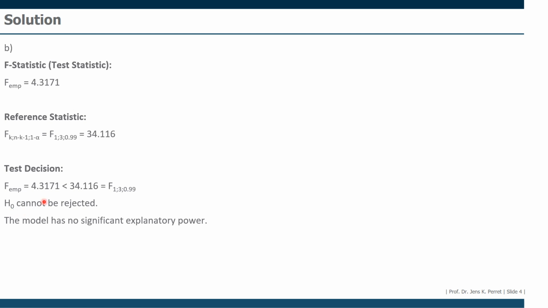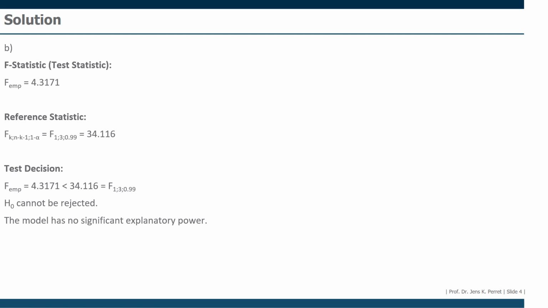The other way around might be possible. Might be that with 10% we could reject H0, the model might have significant explanatory power, but with a margin of error of, well, less than before, it still remains the same. Well, so much for part B.